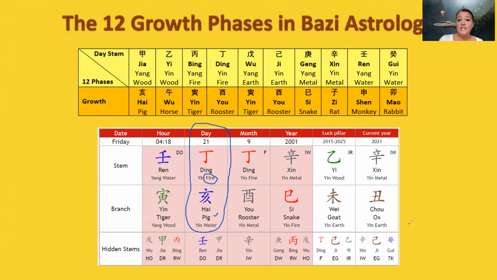So the fire tiger, the fire rooster, the earth tiger, the earth rooster, the water monkey, and the water rabbit. If you have any of these six pillars in the day, then you can look forward to a fairly smooth and good life.